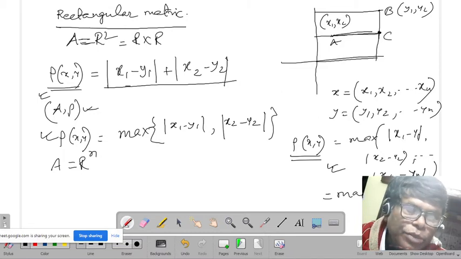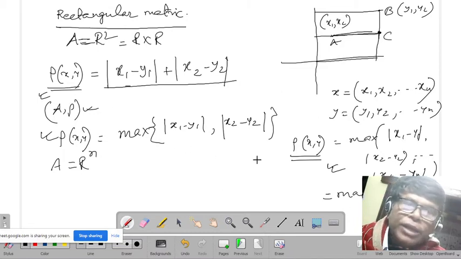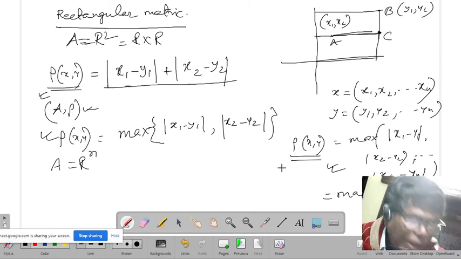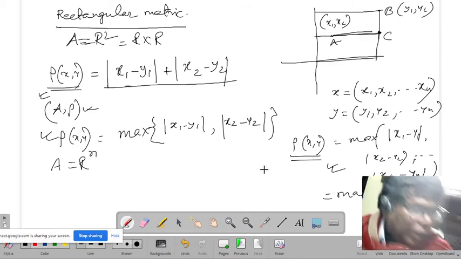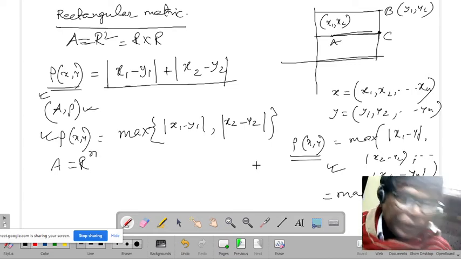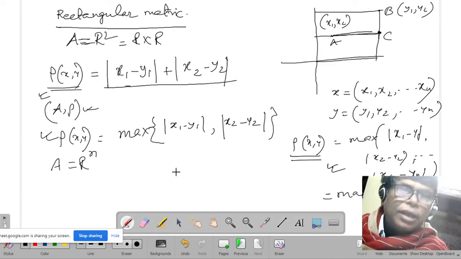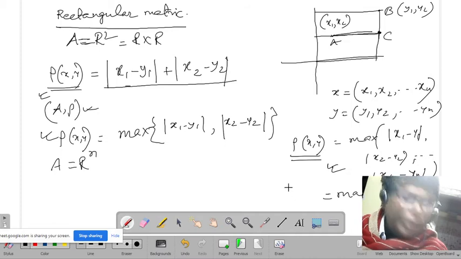Now these two examples are very important, and you have to use the maximum formula and knowledge of modulus mathematics. These three examples are very instructive.